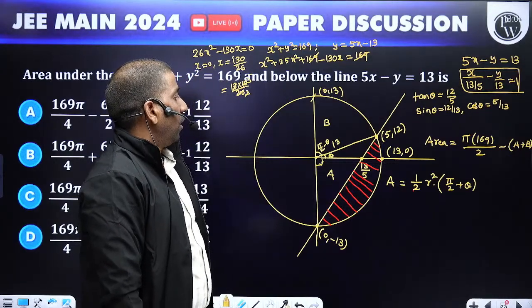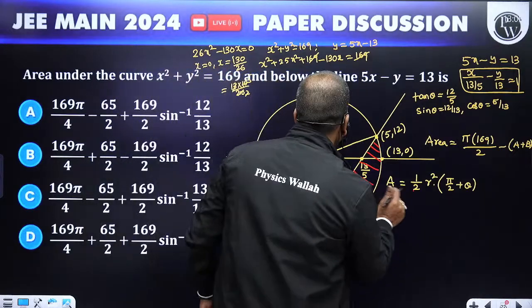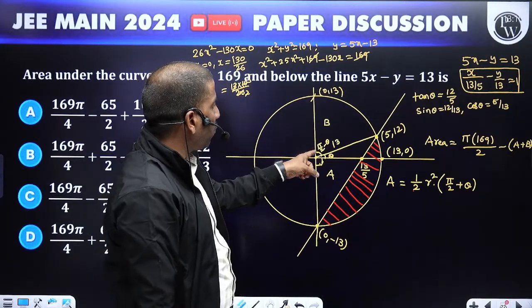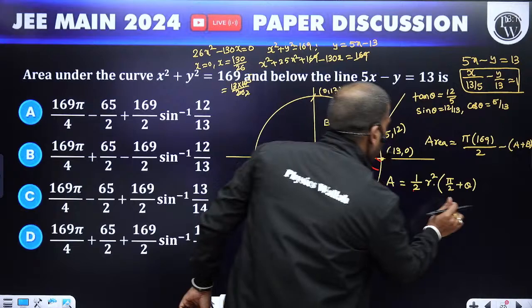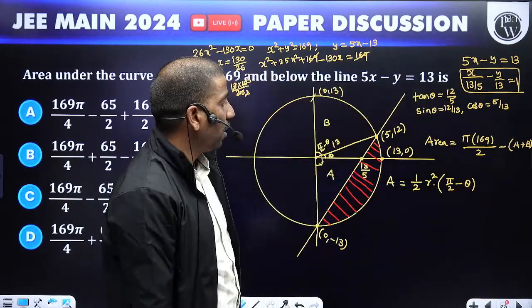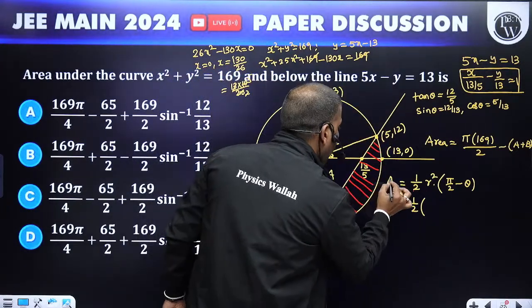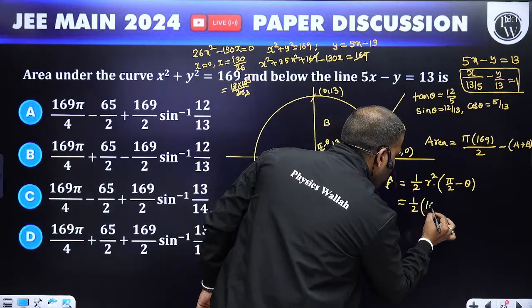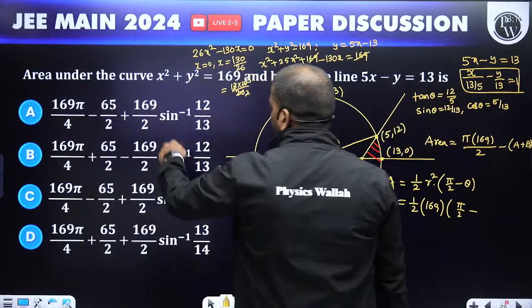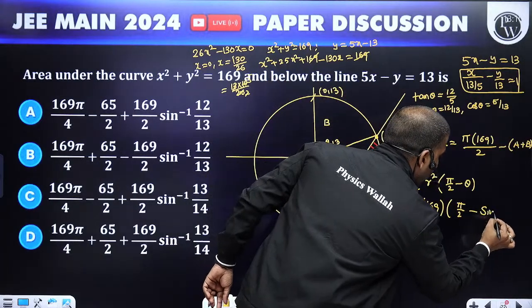Or otherwise, pi by 2 minus theta for this upper part is better. So 1 by 2 r square is the part B I have written. R square is 169, pi by 2 minus theta. In the options, theta is in terms of sine inverse, so sine inverse 12 by 13.